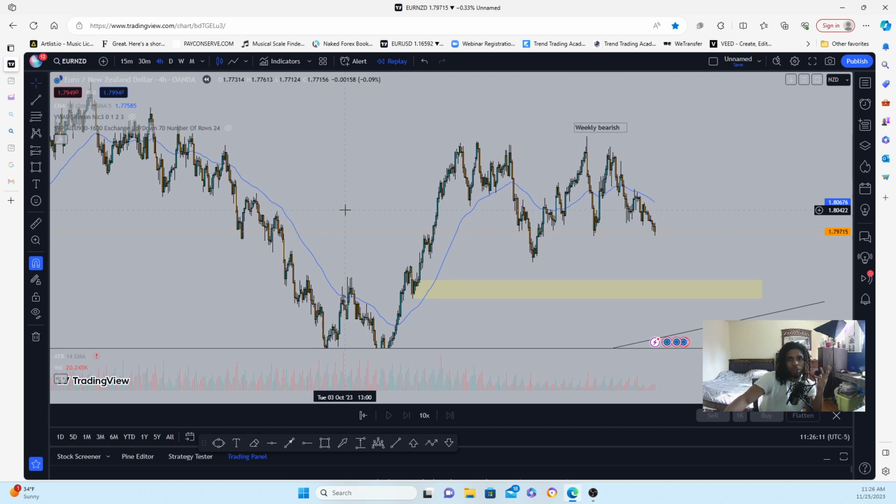So basically I like to mark order blocks and breaks of structure, and usually if there's a break of structure off of an order block, that's the area we want price to go back into. So I'm just going to chart and we'll see what's up.